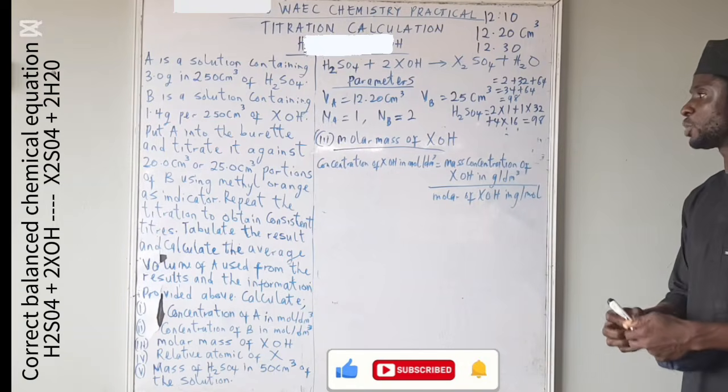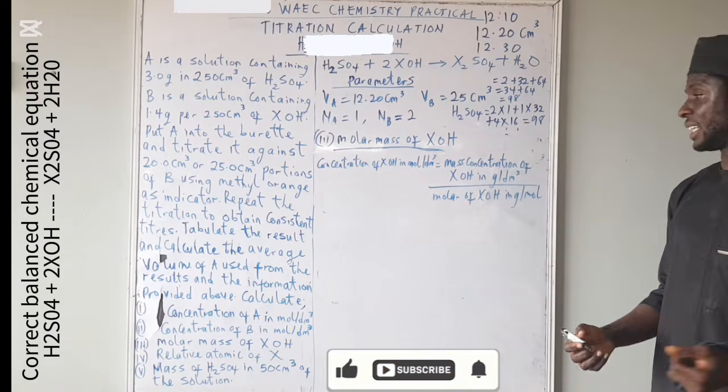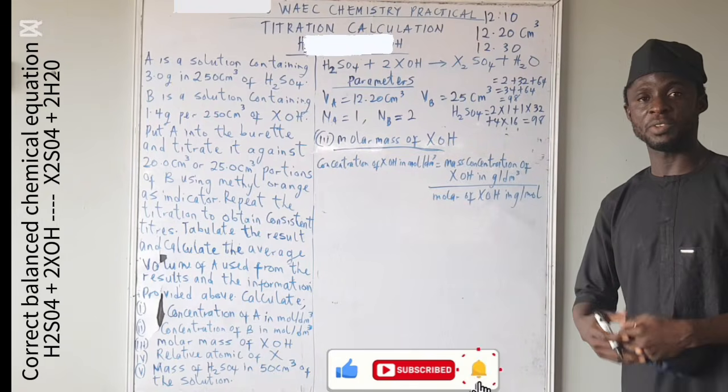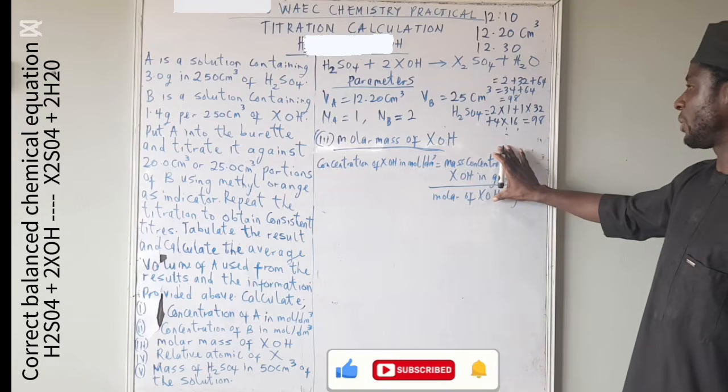Now, this is the formula that we can use, because it is in this formula that we can find molar mass. We can't use that second formula of CaVa over CbVb is equal to Na over Nb, because we can't calculate molar mass from that formula. So this is the formula that we can use.